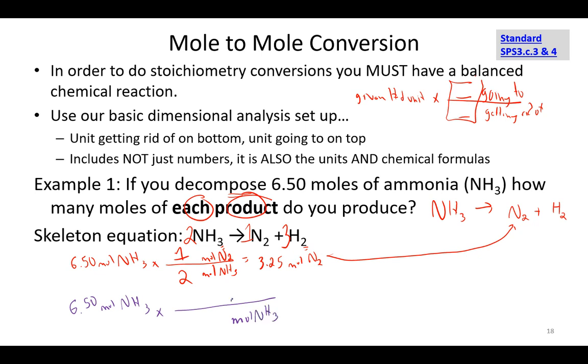I'm going to moles of hydrogen. My coefficients tell me that this time I'm going to end up with a 2 on bottom and a 3 on top. And I get 9.75 as my answer.